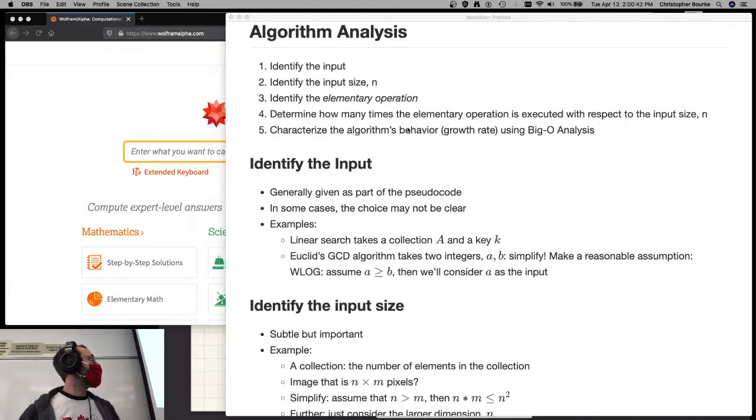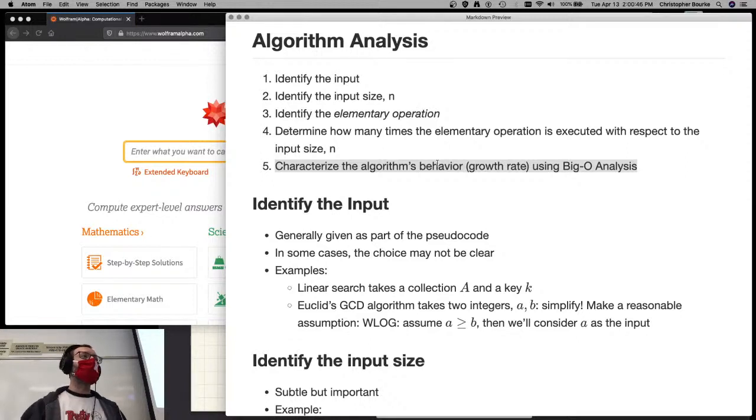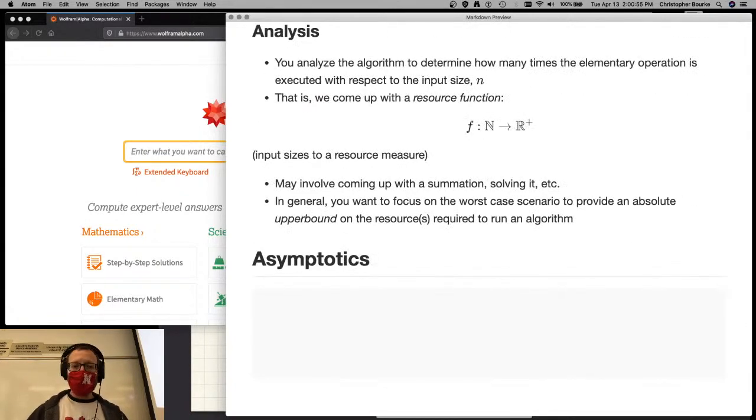And then as step 5, you can simplify that characterization down into one characterization using big O analysis. Okay. Now, that's where asymptotics comes in.